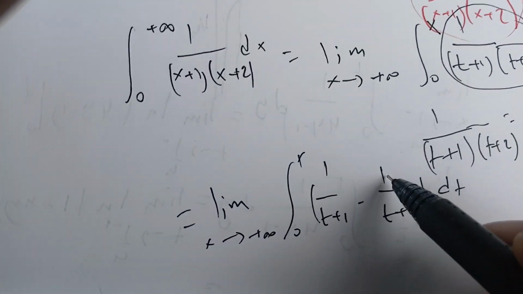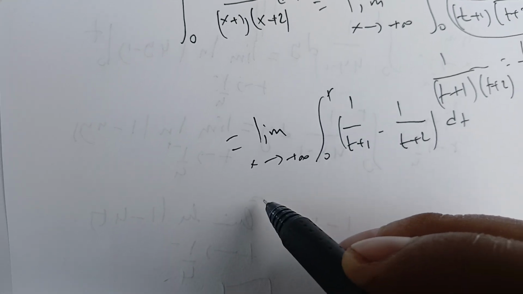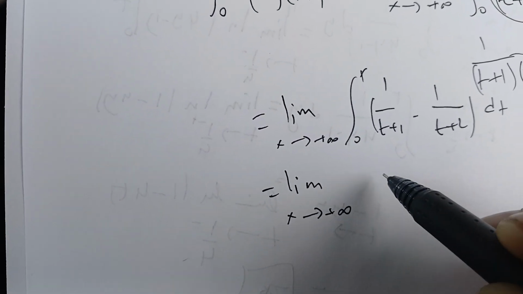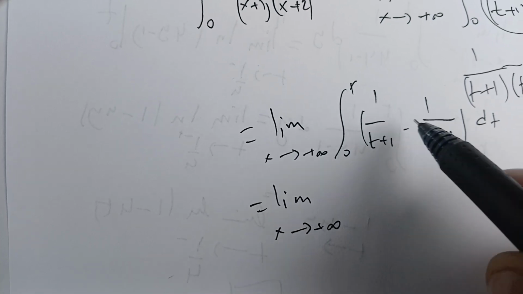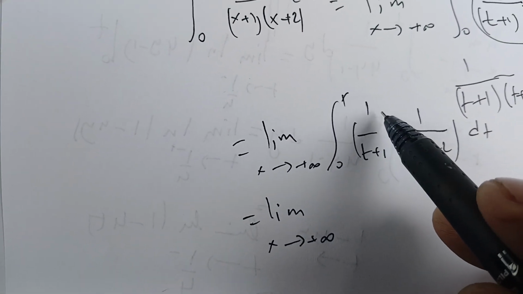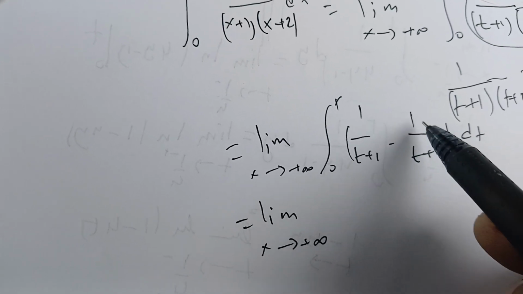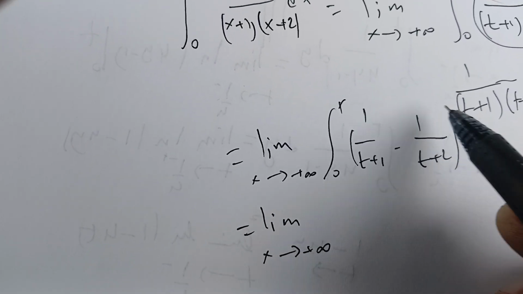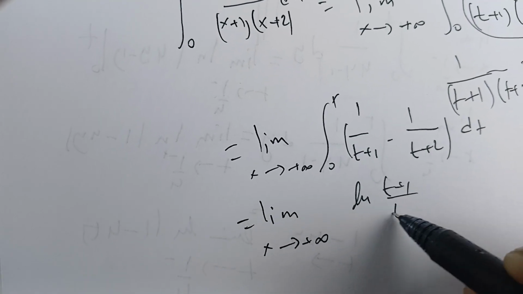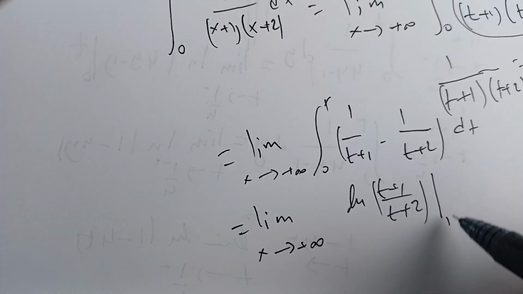Now I know the primitives of these are logs. So the limit as x goes to infinity of the natural log of (t plus 1) minus the natural log of (t plus 2). I'm going to use the properties of the log to write this as the natural log of (t plus 1) over (t plus 2), between 1 and x.